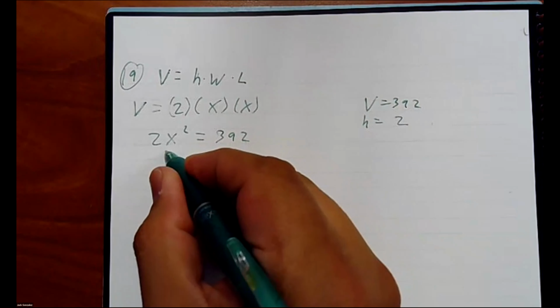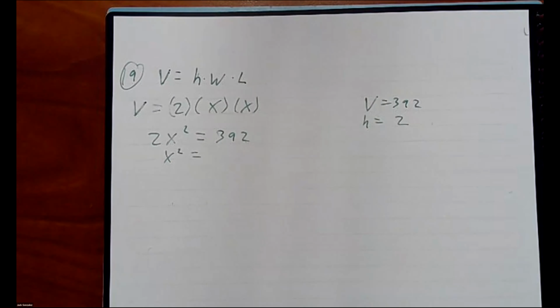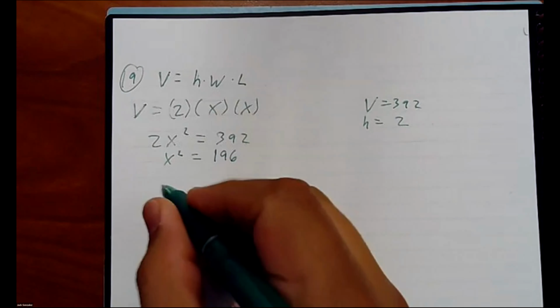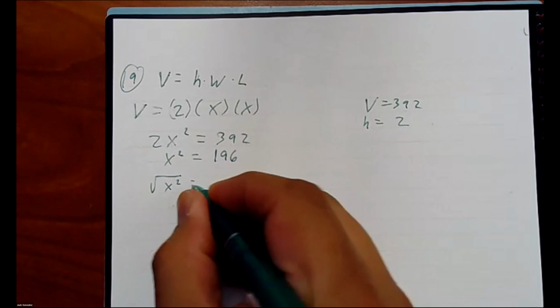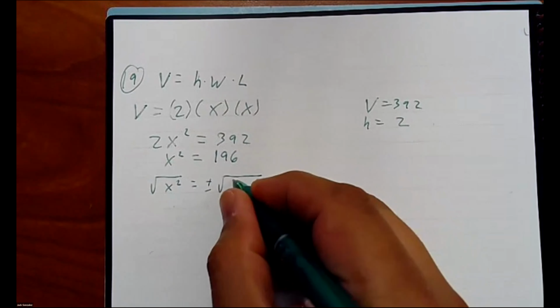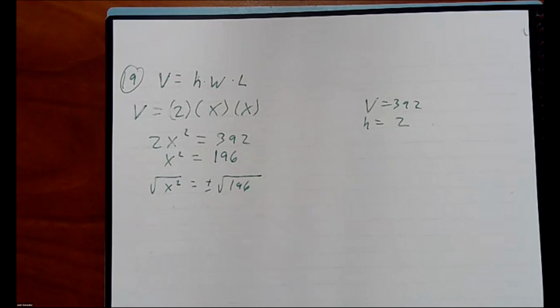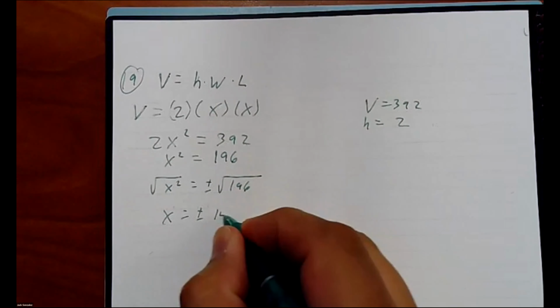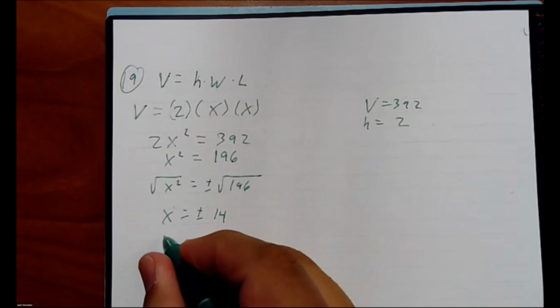So if you just divide 392 by 2, what's that going to be? 196, right? Square root both sides. So x is just 14.